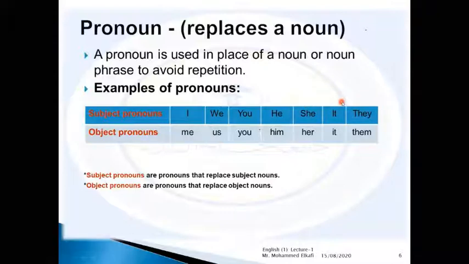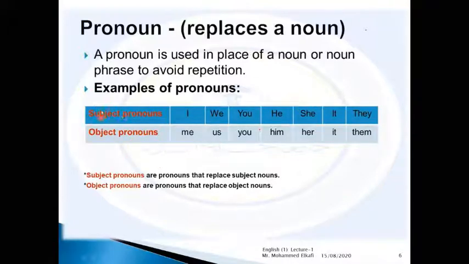Muna and her dog, you can say also they. So they here is used for what? For plural. Plural of what? Of he, she, it. Instead of saying he and she, or she and it, we use they.